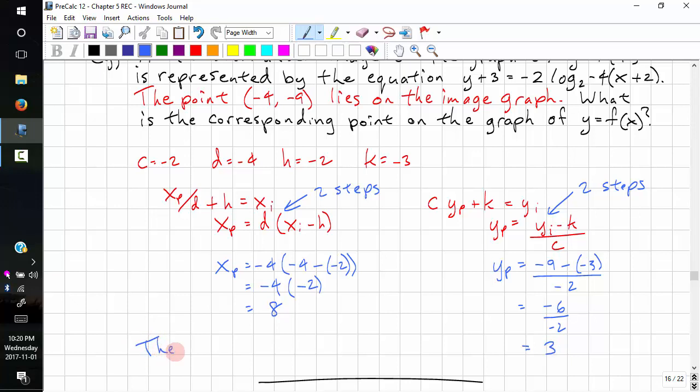The preimage of (-4, -9) is (8, 3). Remember to write this as a coordinate. It needs brackets around it, round brackets.